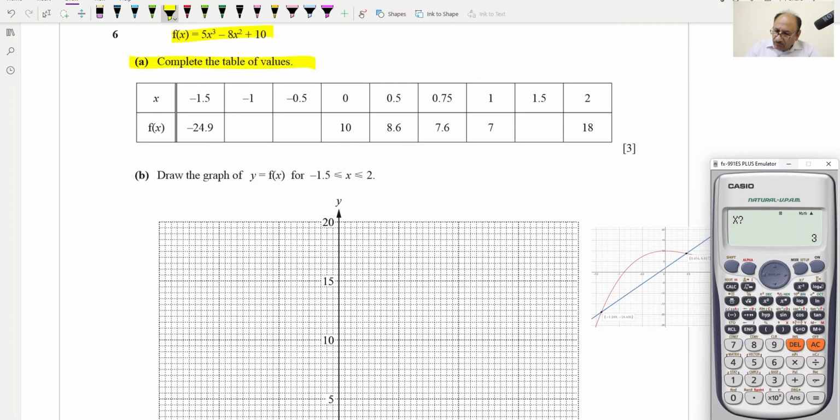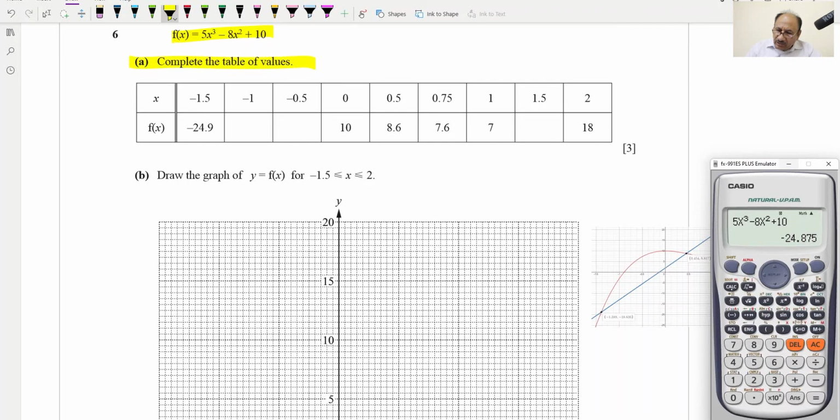So calculate for minus 1.5, and this will be equal to minus 24.875, which is rounded to minus 24.9 up to 1 decimal place. And now we can calculate for minus 1.